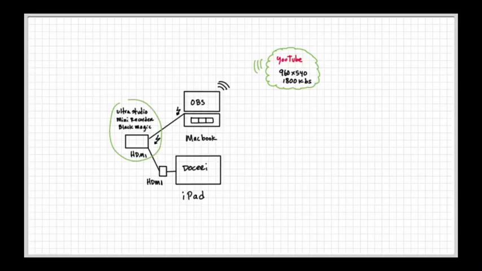So whatever content you see on the iPad, the Blackmagic will convert it so that the OBS software can read it, so it can transmit onto the web. Pretty amazing piece of hardware.